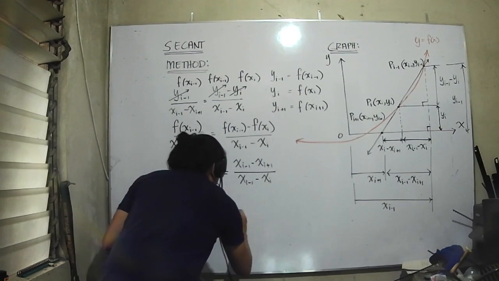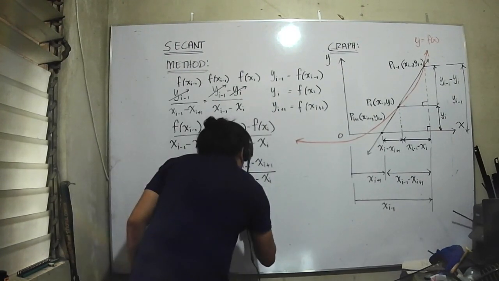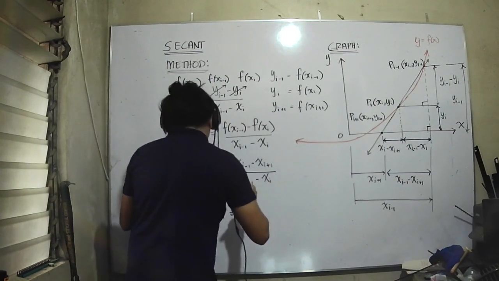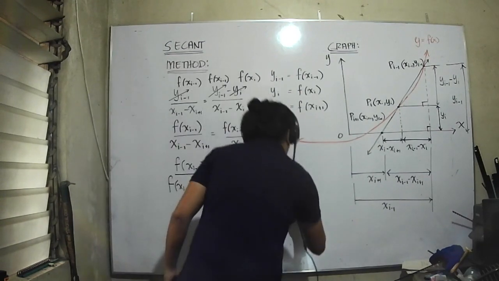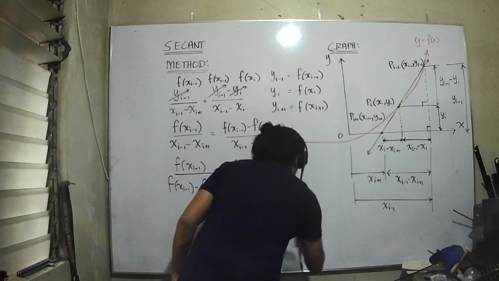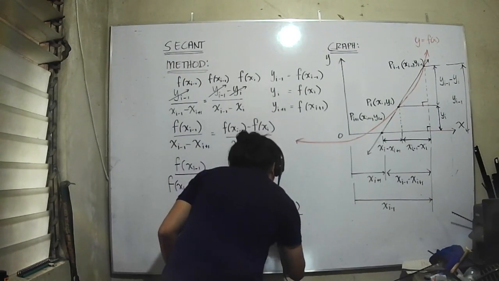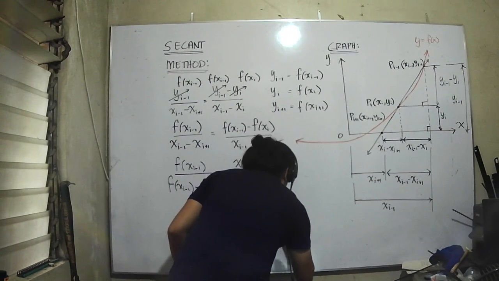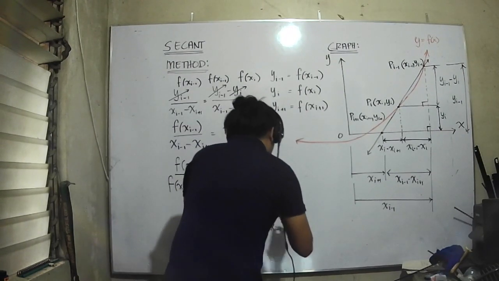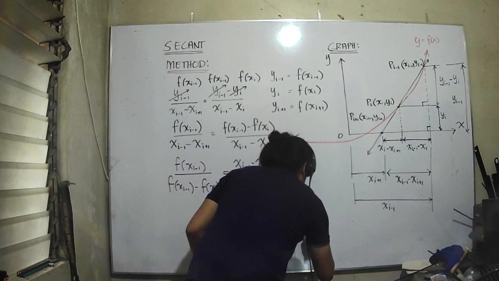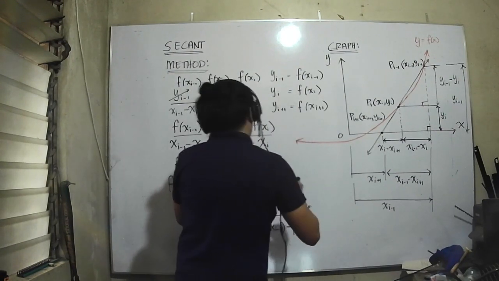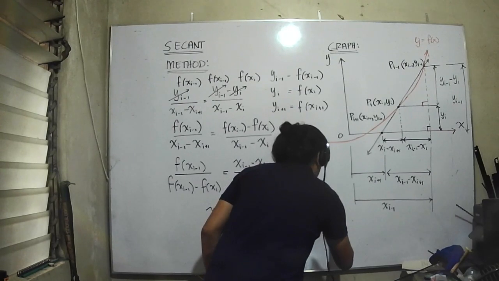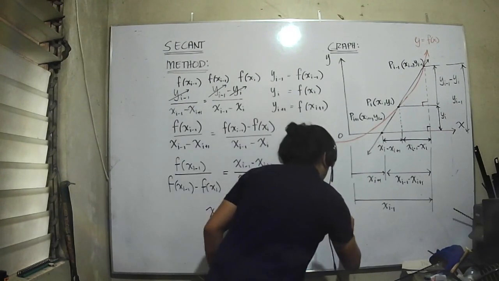xi plus 1 is equal to xi minus 1 minus f of xi minus 1 divided by xi minus 1 minus f of xi, multiplied by xi minus 1 minus xi.